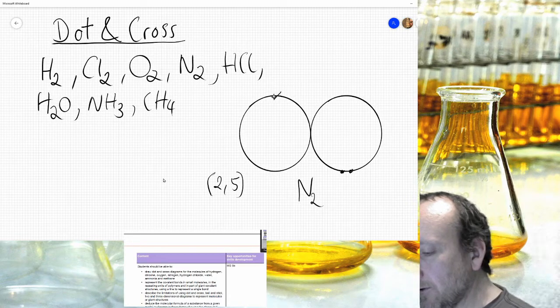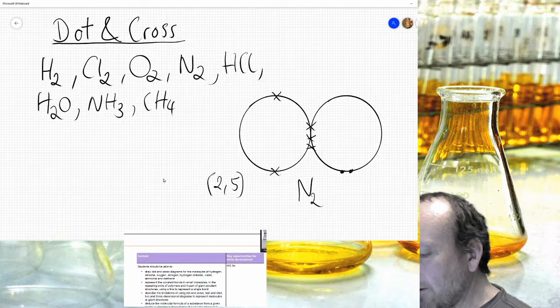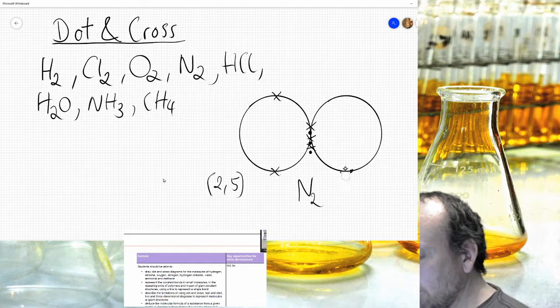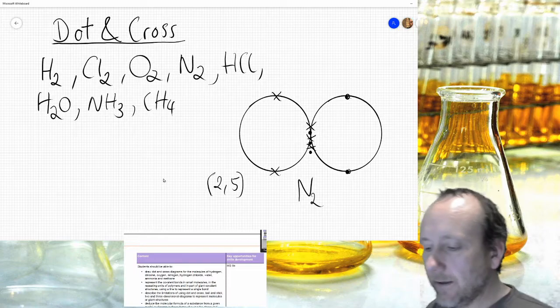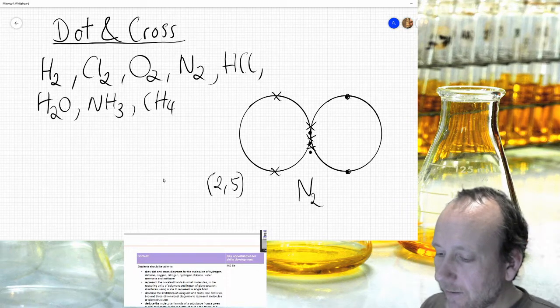I've already alluded to the idea that nitrogen is very strongly bonded to itself. Oh, hello. Forgot to get rid of them. Okay, there we go. And there we have it.